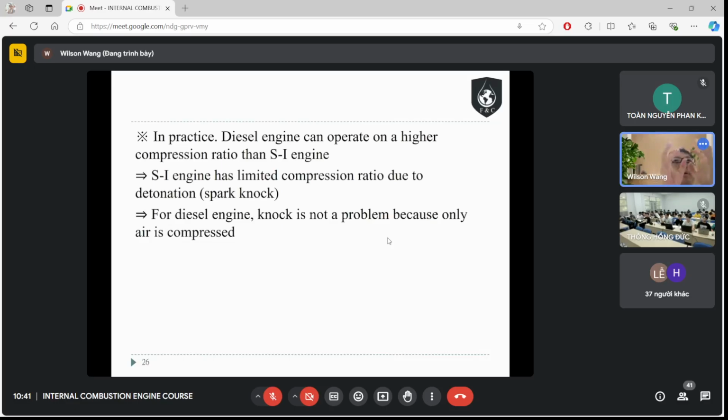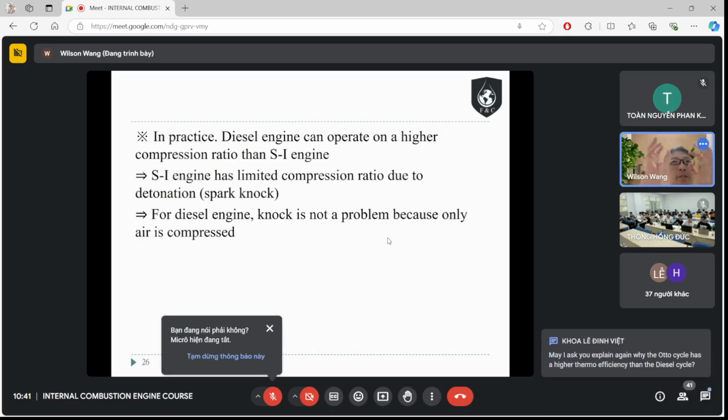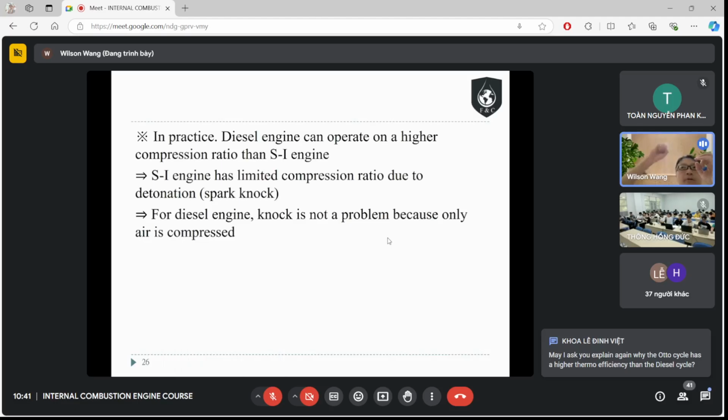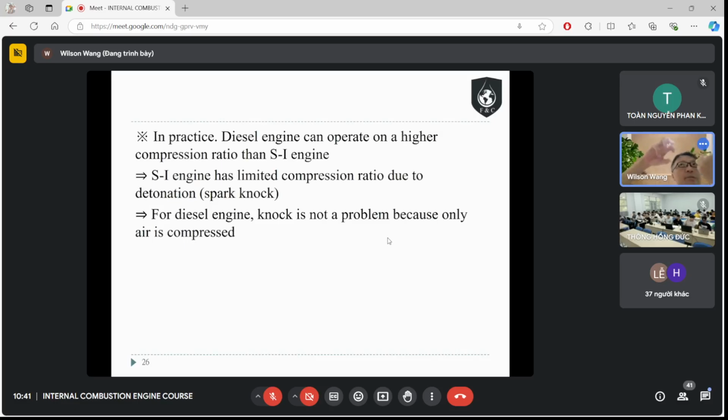The gasoline engine based on the Otto cycle has a spark plug. So normally we use a spark plug to start the combustion process, right? But the gasoline fuel has a limited octane number, so once you burn it, some part of the gasoline fuel might burn by itself, might ignite by itself.